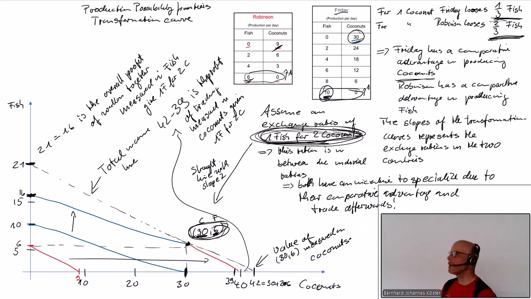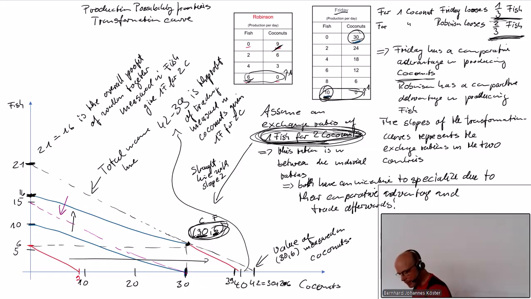We could also say our aim is overall to maximize the total income of the world. Any possible income line with a slope of 2 would be parallel to our dotted black line. One possible income line is this one, from 30 to 15, which has also a slope of 2.